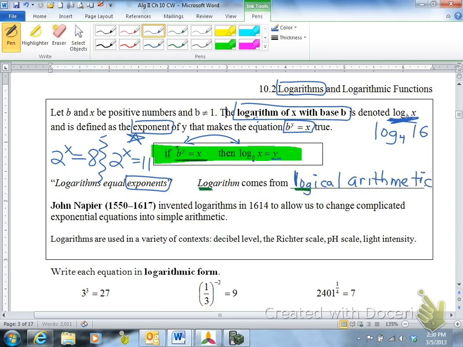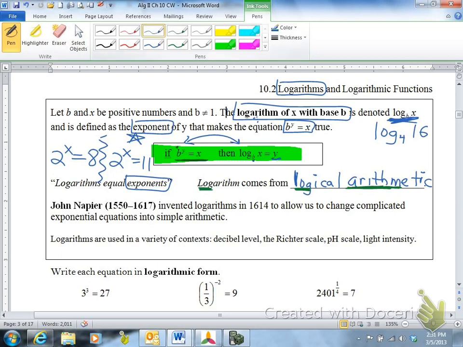Arithmetic means calculations. So it's a logical way to do calculations, a logical arithmetic. Logarithm, and that's how you spell it. Log, L-O-G, and then arithmetic from arithmetic.